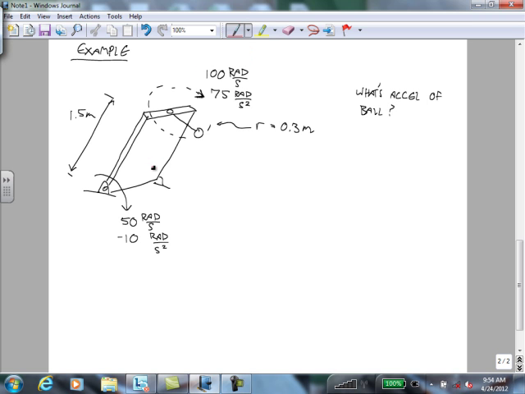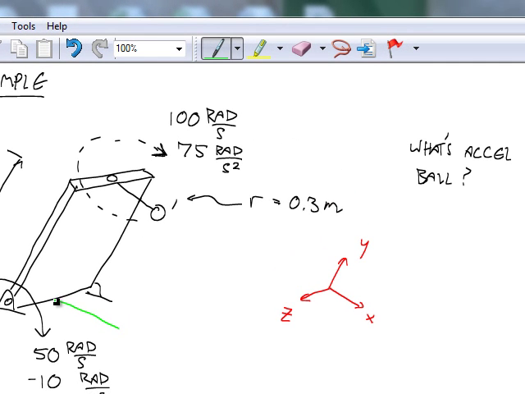Oh, and this angle is 60 degrees at this instant. And Z parallel to the line between these hinges, and the ball comes out of here along the x-axis.